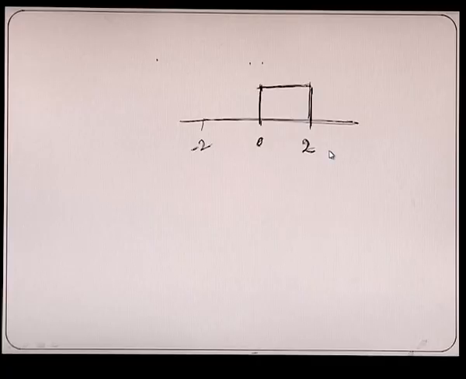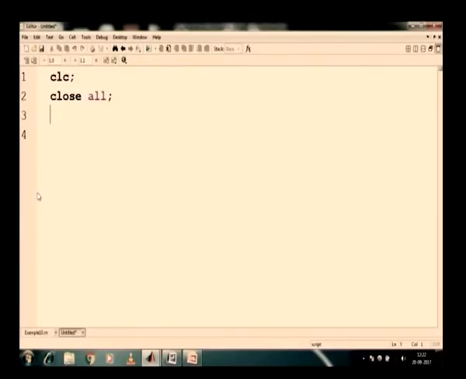Now, find the Fourier series coefficients for this wave, that is from minus 2 to 2, but the value is obtained only for 0 to 2. So, the time period value is 4. Here I am giving the constants t and n.